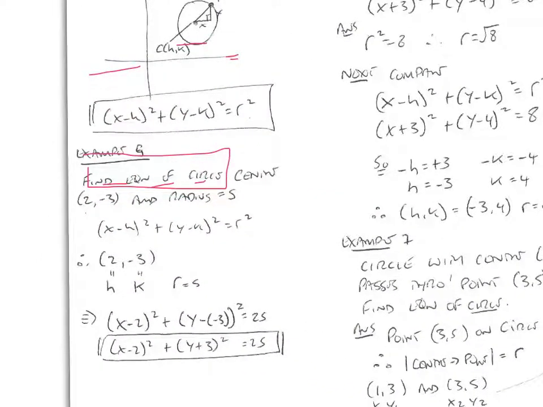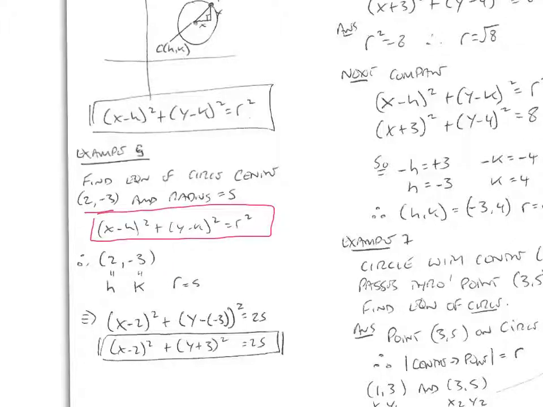Okay. Find the equation of the circle centre (2, -3) and radius 5. So the equation is (x minus h) squared plus (y minus k) squared is equal to r squared. So 2 is our h value and k is our minus 3 value, and r is 5.